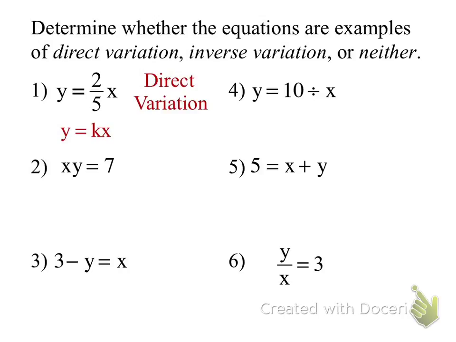Neither? Well, let's see. Let's get the y alone, and you make the judgment. What do I have to do to get the y alone? You subtract x. No. Next to means multiplication. If it's multiplication, what's the inverse operation?